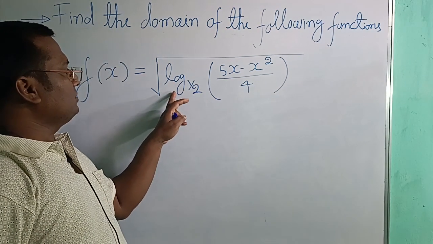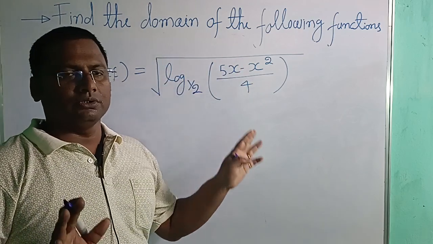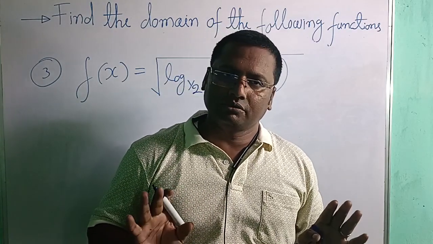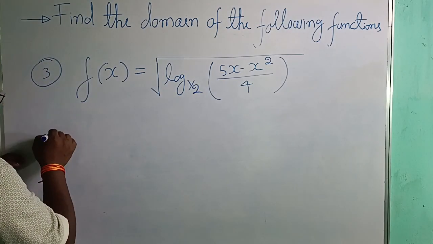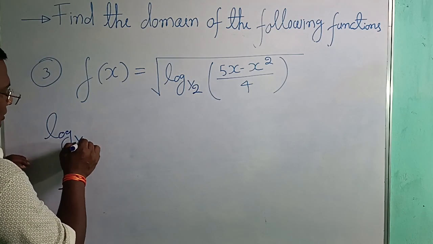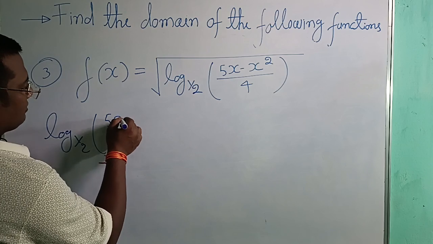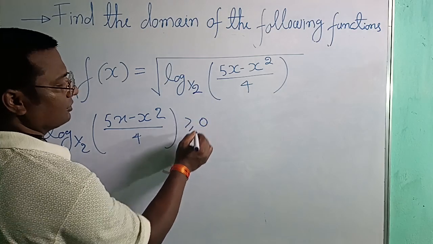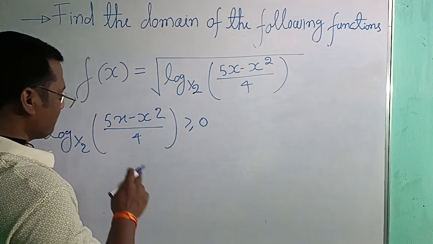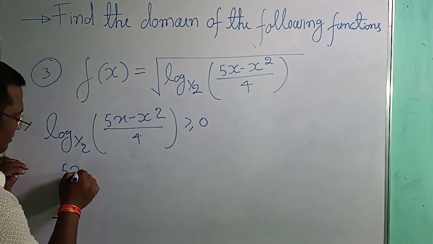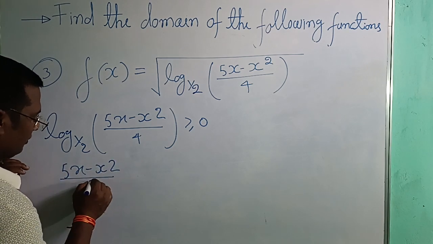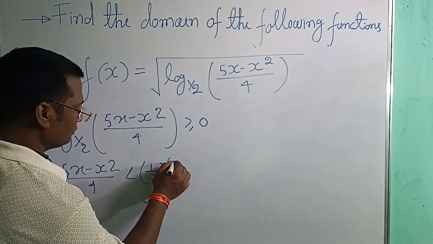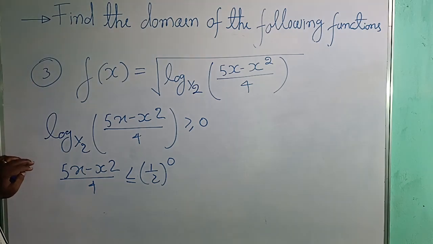First of all, this log is under a square root. As we know, any expression under even roots must be greater than or equal to 0. So log base 1 by 2 of (5x minus x square) upon 4 must be greater than or equal to 0. Any problem? Now (5x minus x square) upon 4 is less than or equal to (1 by 2) to the power 0.